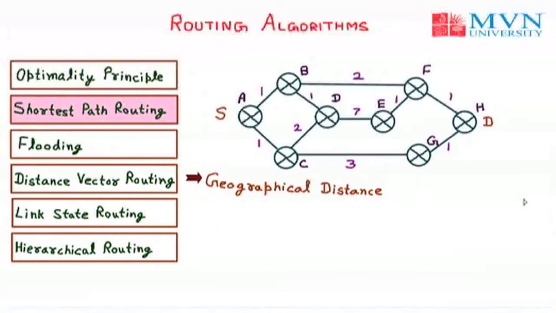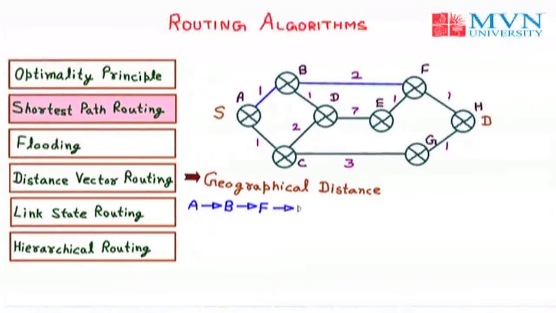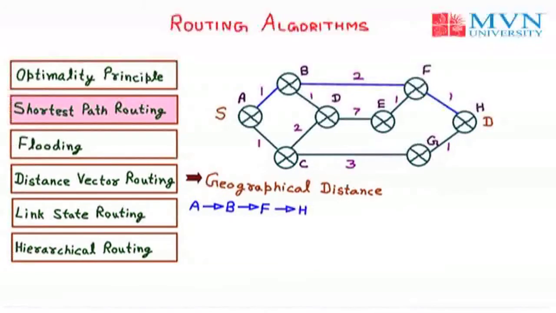So we find the different ways: A to B, B to F, F to H. The distance from A to B is 1 plus B to F is 2 plus F to H is 1, which is equal to 4. Now we find the next path.